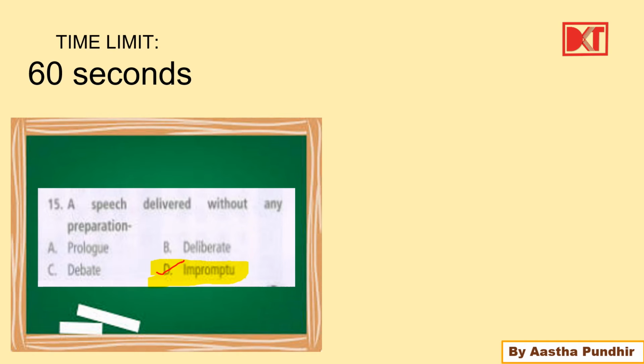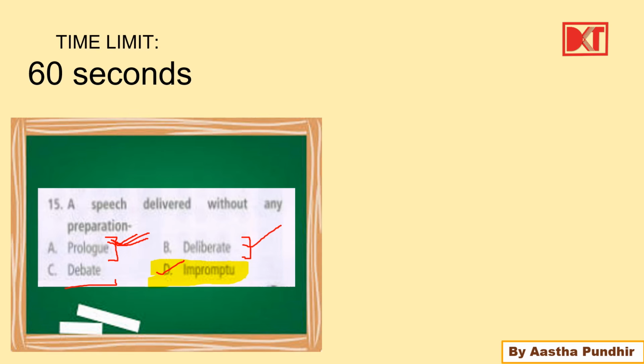For the rest of these, prologue we can say is some sort of an introduction, or some sort of connection to a story or to the act. That's a prologue. Deliberate means doing something intentionally.